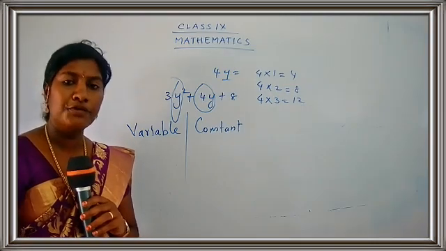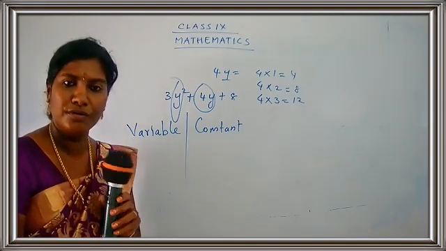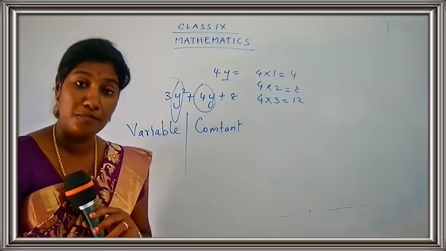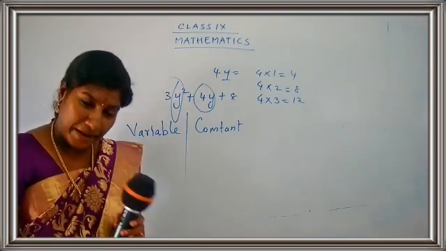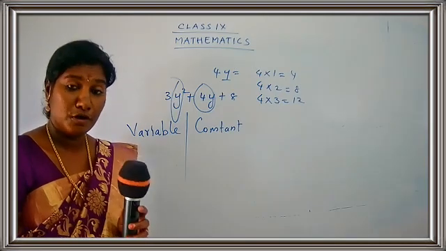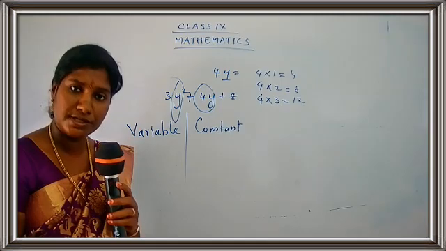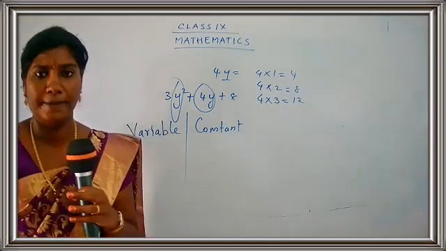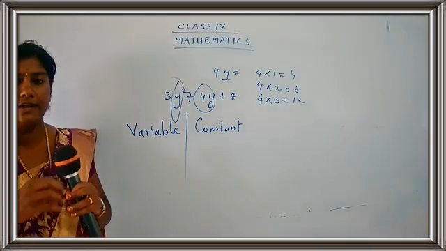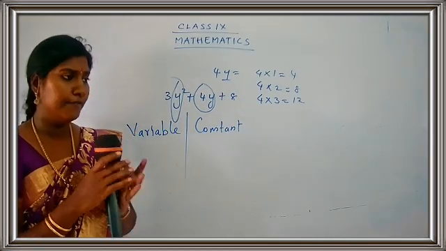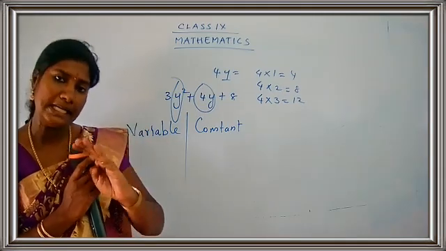Now, we have also seen the standard form of polynomial. Whenever you present your answer, you will learn addition of polynomials, subtraction of polynomials, multiplication of polynomials, and division of polynomials. Whenever you do these operations on polynomials, we have to present our answer in a standard form. Okay. Standard form means we cannot write down the terms as we wish. Whenever you write down the answer, one way is to write it in increasing order.